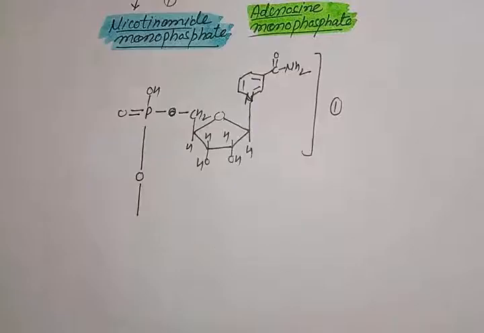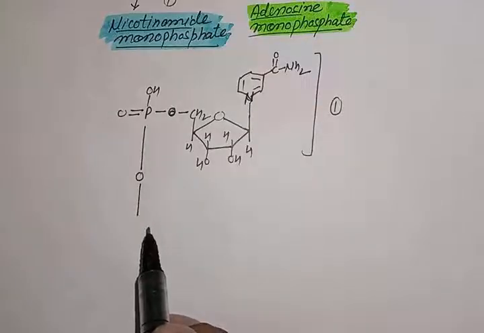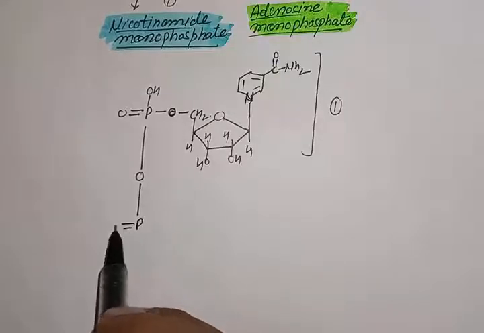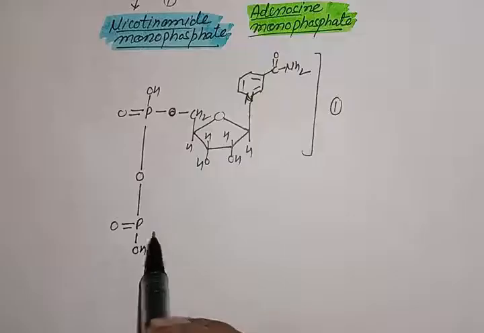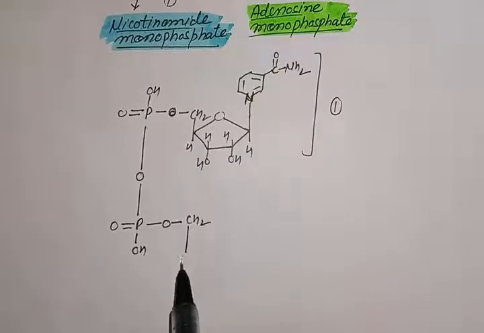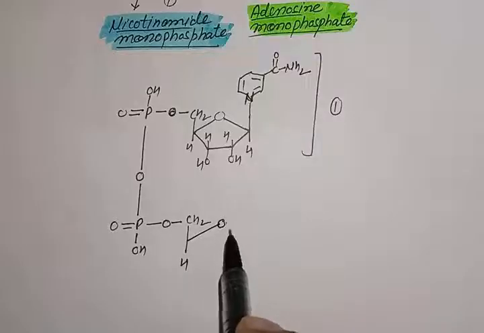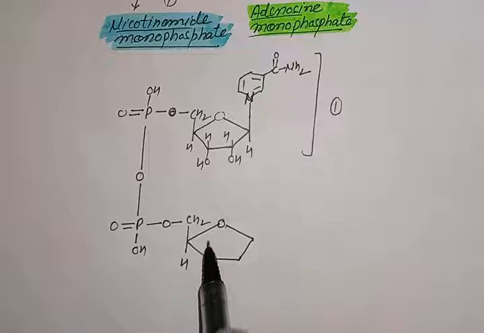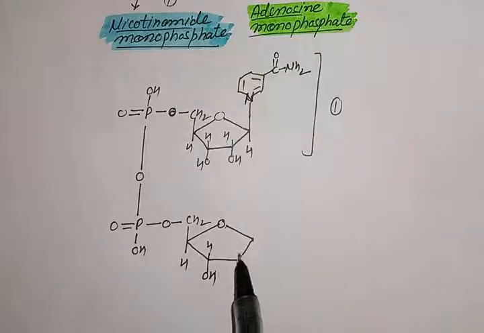This is our first unit, nicotinamide monophosphate, and this unit is joined together with the other unit, adenosine monophosphate, that is P double bond O and OH. Here is O. This is another phosphate group. This will attach with the CH2 of the pentose sugar. Here is oxygen and a five-membered ring like this.